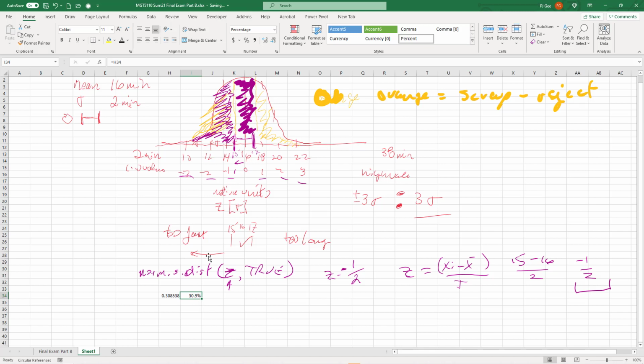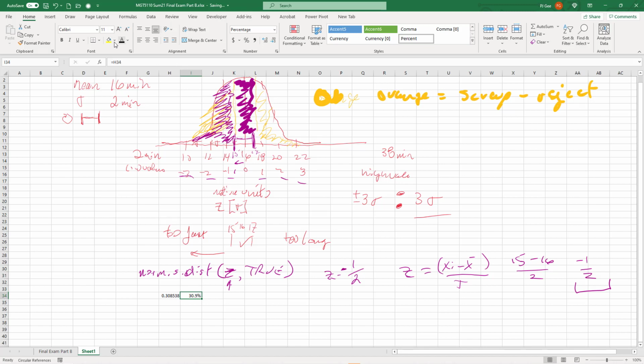So I just increase the precision to one decimal place. All right, so it's 30.9. It's rounded to 30.9% of the reports are too fast. No, that came back too fast, right?